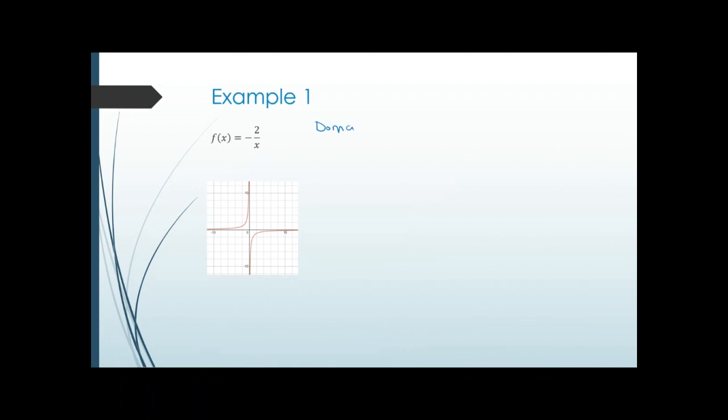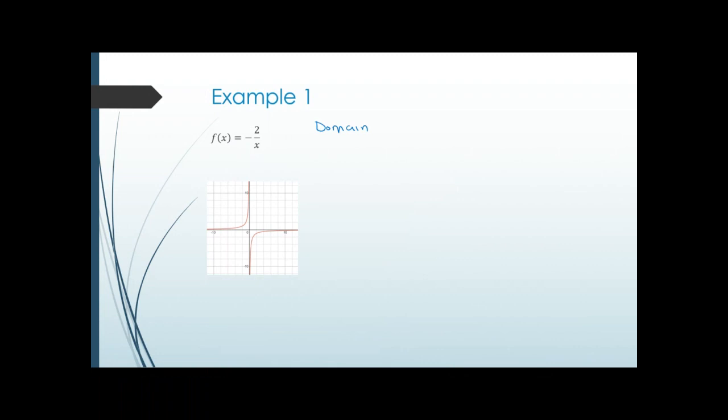So the domain is all the x values that you can actually graph. Now I said that when you divide by 0, you get undefined. So any x where you have to divide by 0, any x that makes the denominator 0 is not in the domain.